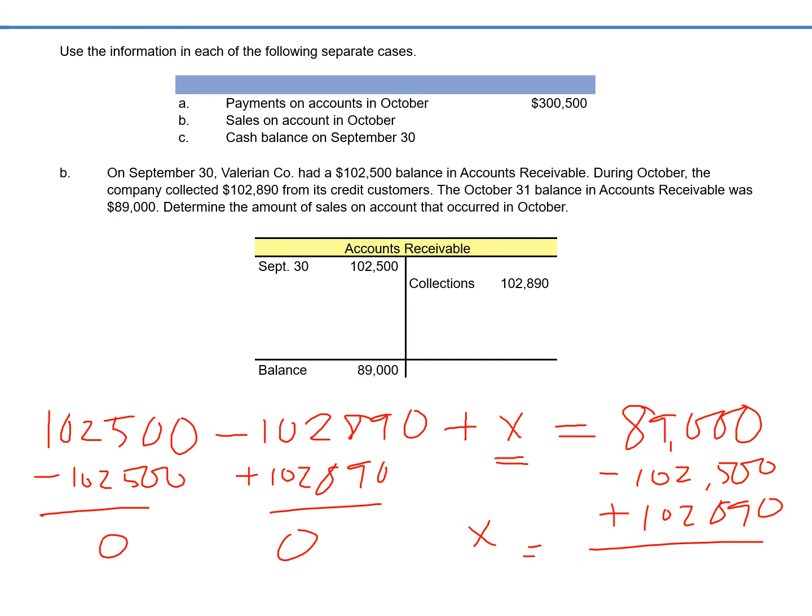So let me get out my handy dandy calculator to do that math. So 89,000 minus 102,500 plus 102,890 equals 89,390.